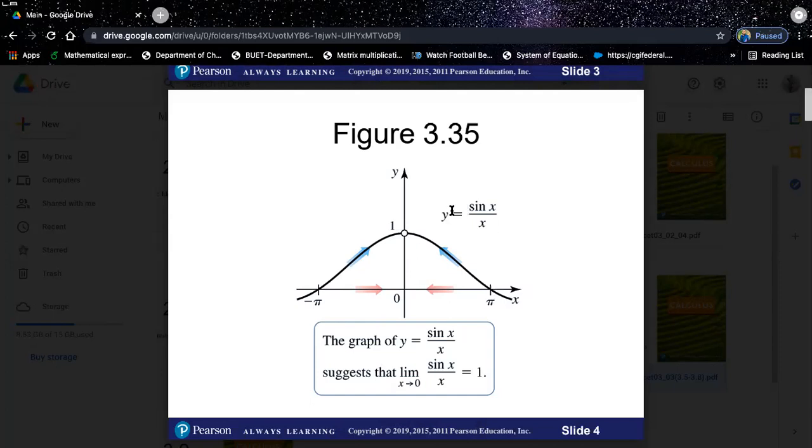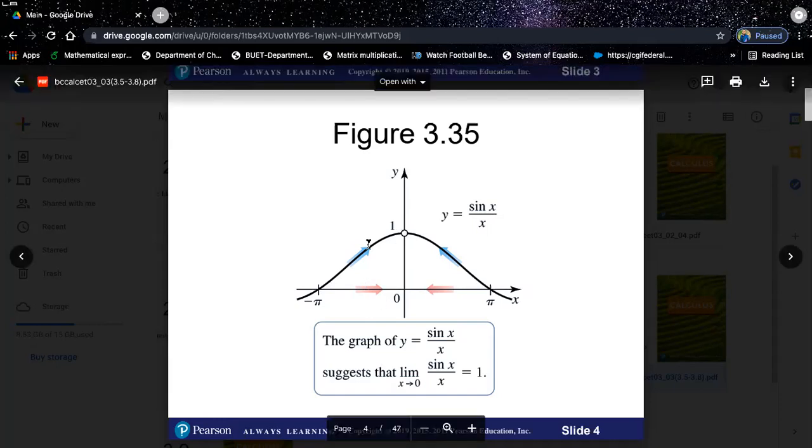So even though there is no defined value for x equals 0, because we know that at x equals 0, at least the denominator is 0. Even though on this occasion the numerator is also 0, but that's not one of our concerns. Since the denominator becomes 0, that means we don't have a defined value at 0, right? But still, it's taking us to the same point if we approach from either side, right?